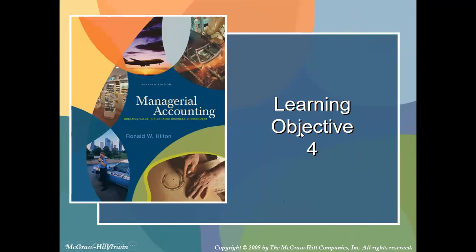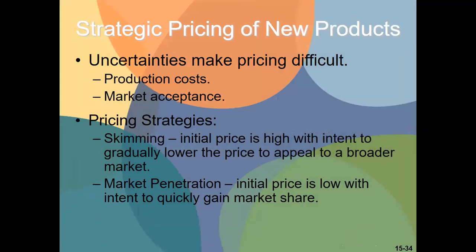To continue learning objective 4, we have certain issues about long-term, which is strategic pricing of new products. If we think of new products, we have to take note that there could be uncertainties about the profits that we will get, and also the cost could be very big initially. So that's why profits could be at stake and losses are expected. Also, there would be uncertainties as to pricing, and that would make pricing difficult to do.